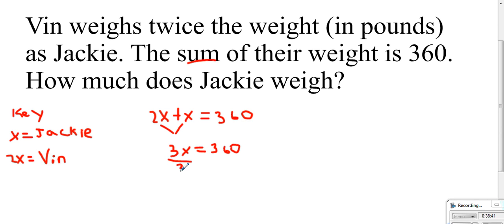You divide by 3 on both sides, and the 3s cancel. x equals 120. I thought it was wrong for a second, but it's not. All right, so that's how much Jackie weighs. If you really wanted to find out how much Vin weighs, you would substitute this x in: 120 times 2, and you could do that math. All right, so that's the answer.